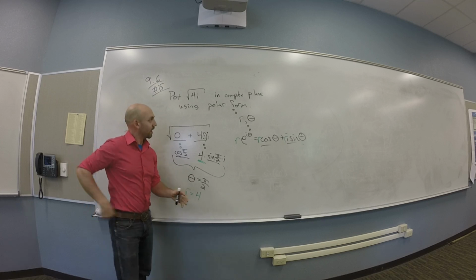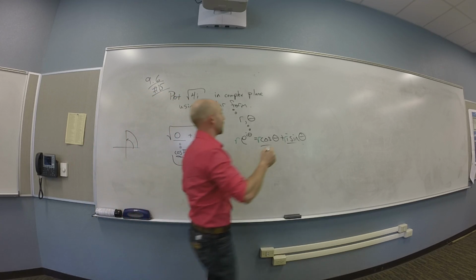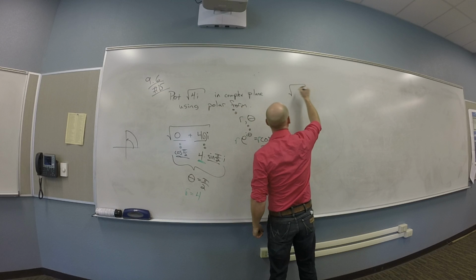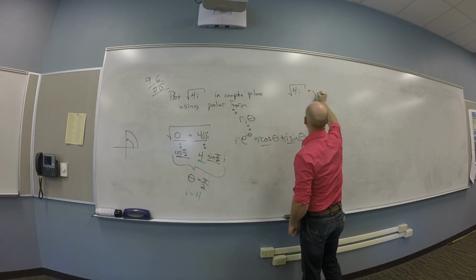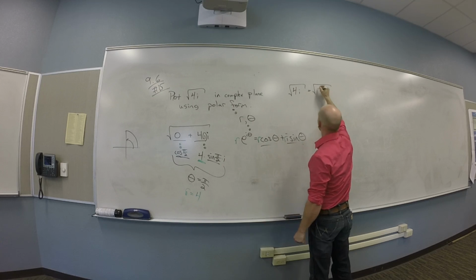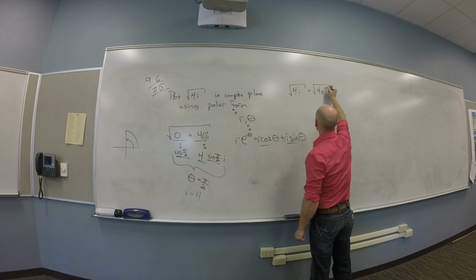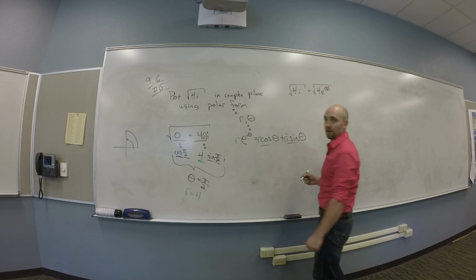So the original thing I started with, the square root of 4i, I can rewrite as the square root of 4e to the i times pi over 2.